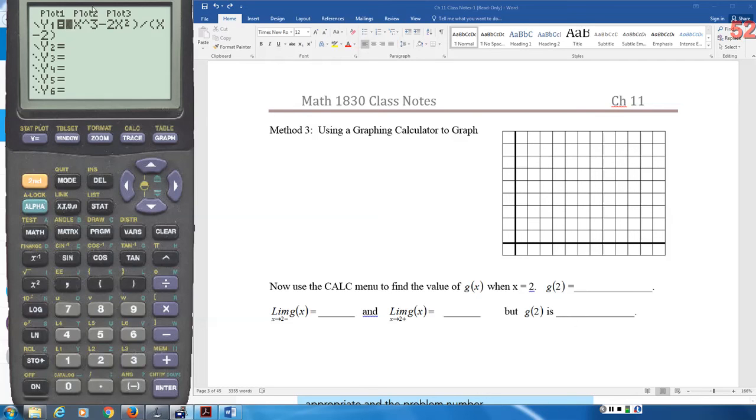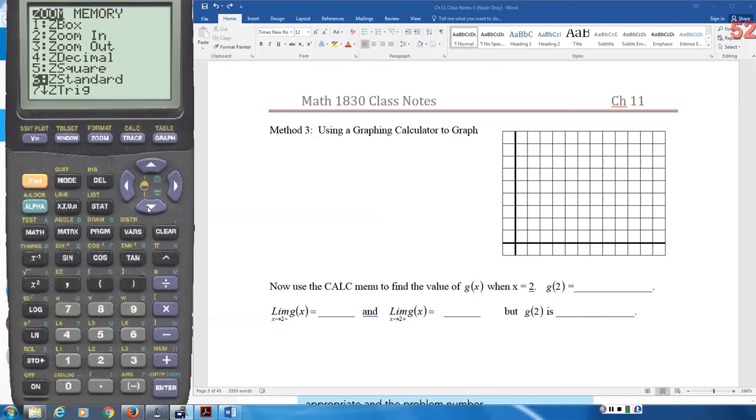Given that we've got this function already in the calculator, I want to graph it on the calculator. That's really there just for you to sketch what you see. Okay? Let's look at a graph of x cubed minus 2x squared divided by the quantity x minus 2. This time we're going to need to set the window, and the way we're going to do that is we're going to hit zoom. I want you to get comfortable using your zoom button.